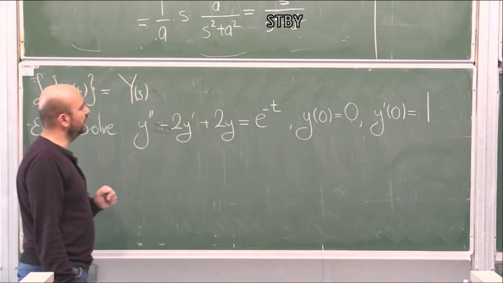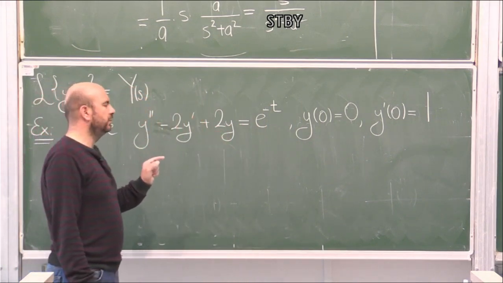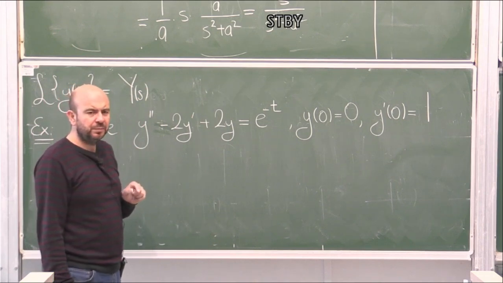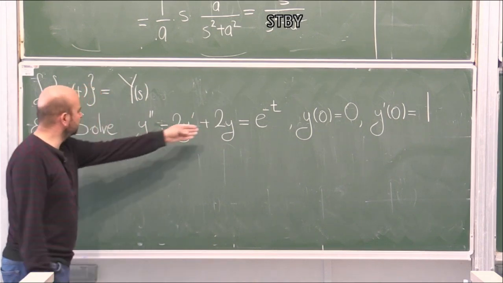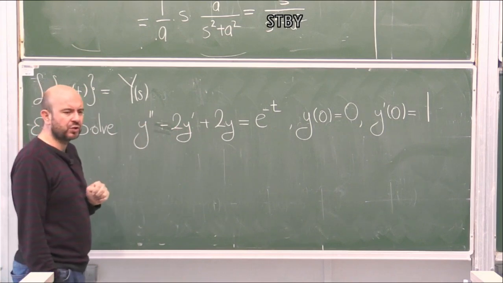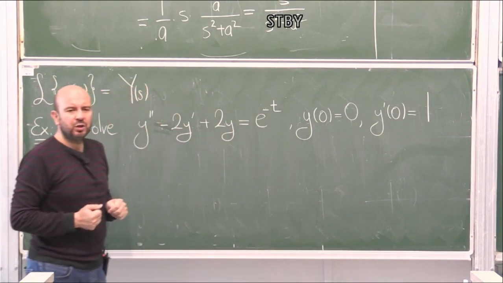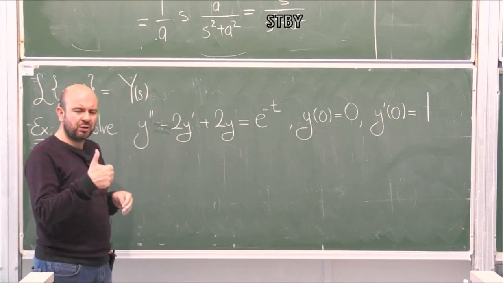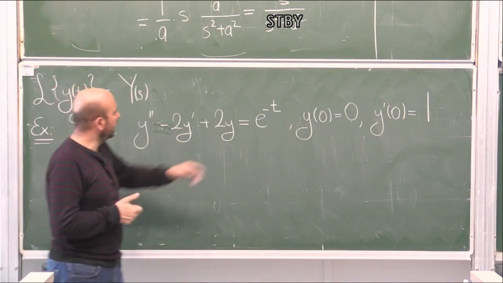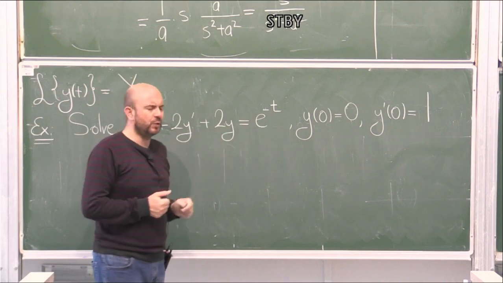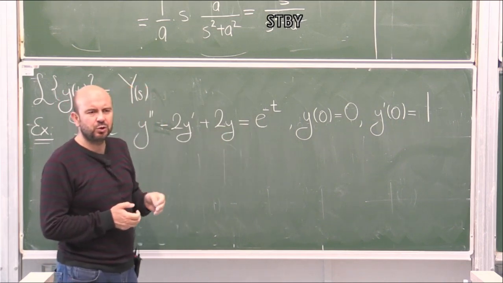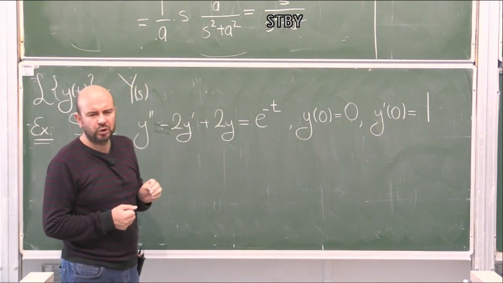Actually, I will do this problem in two ways. First of all, we know that this is a constant coefficient second order differential equation where on the right hand side you have an exponential. Clearly, you can solve this problem by using the characteristic polynomial, and since it's an exponential, you can find the particular solution by the method of undetermined coefficients.